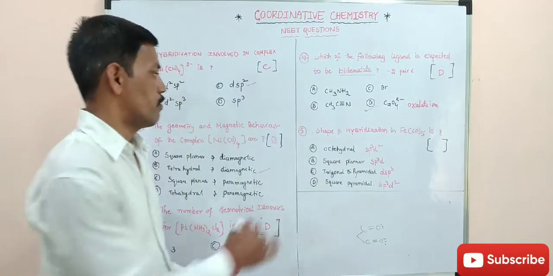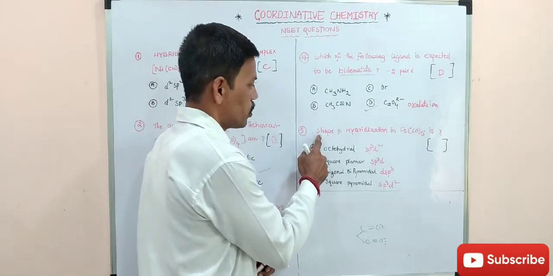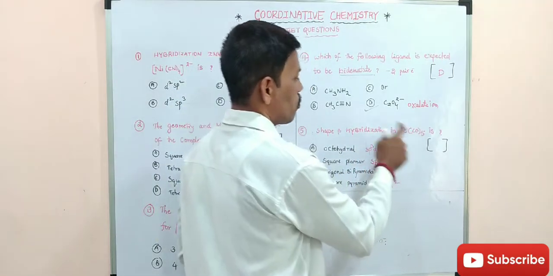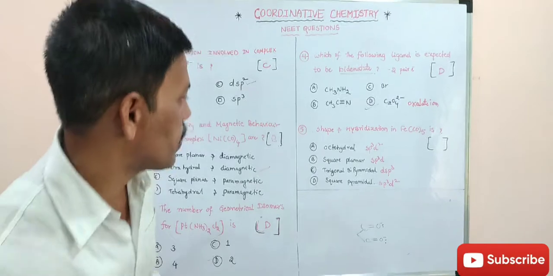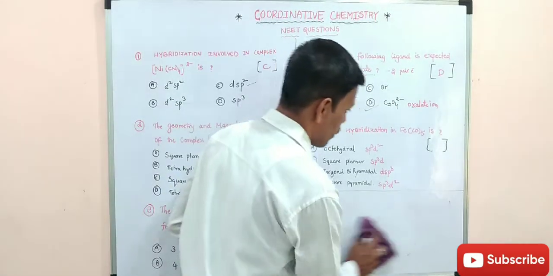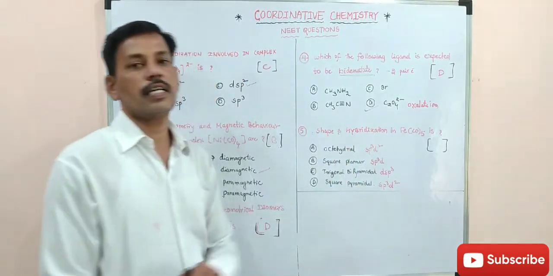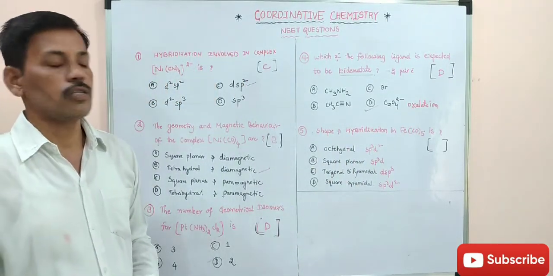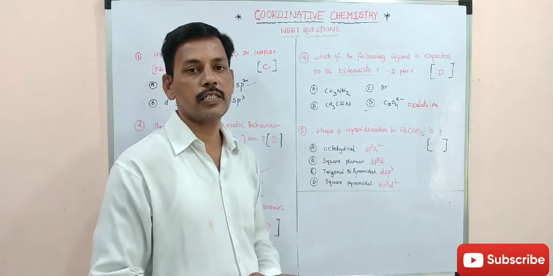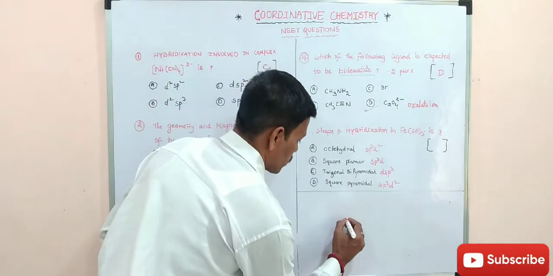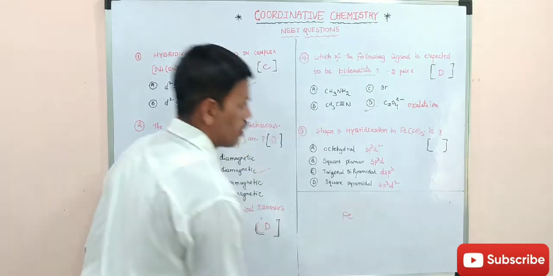Next we go to the fifth one, shape and hybridization of pentacarbonyl iron. What's the name? Pentacarbonyl iron. They are asking for the shape and hybridization. How do we know the shape and hybridization? See here, the central metal atom is iron.